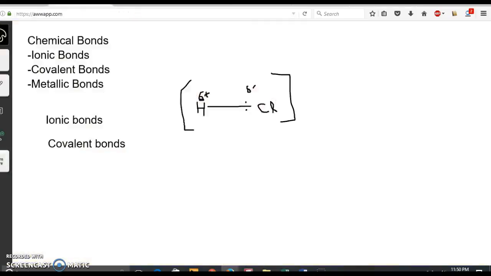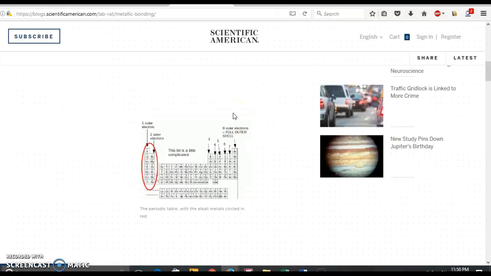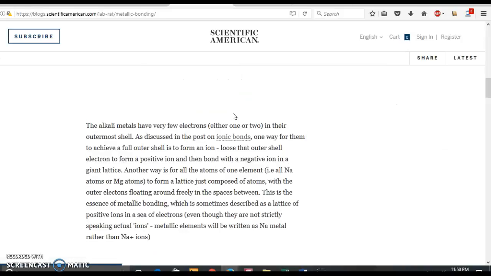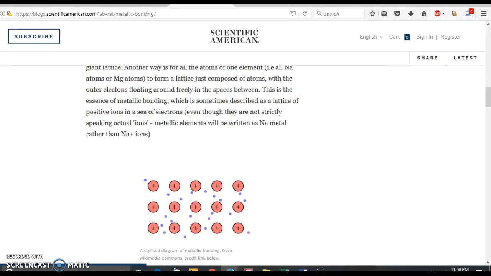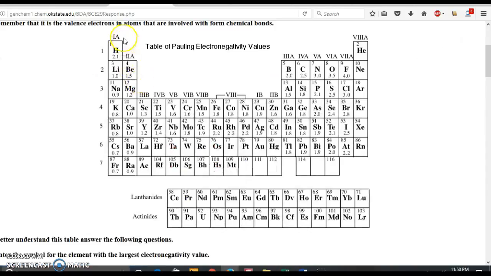Now let's talk about metallic bonds. Metallic bonds are pretty important because all the metals that exist in nature have metallic bonds, and their importance arises due to the properties of metals. We all know metals, for example, if I go back to the periodic table, the S block, D block, and part of the P block are metals.